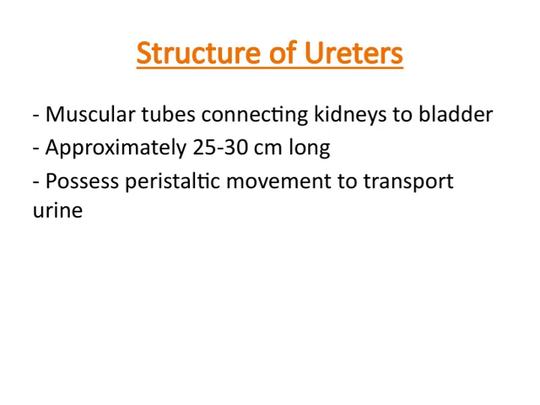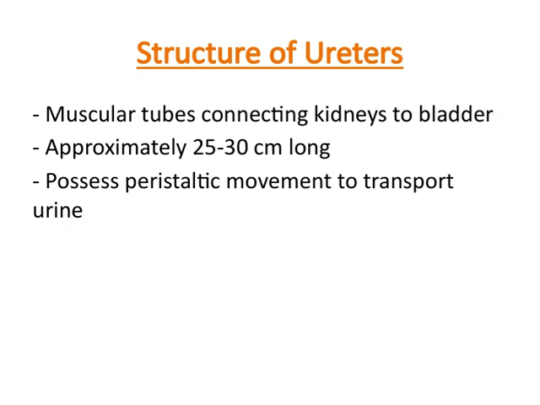The ureters are muscular tubes that connect the kidneys to the bladder, serving as essential pathways for urine to travel. These tubes are approximately 25 to 30 centimeters long, which allows them to comfortably reach from the kidneys down to the bladder. One of the most interesting features of the ureters is their ability to perform peristaltic movements. This means they contract rhythmically, much like a wave, to propel urine downward efficiently.